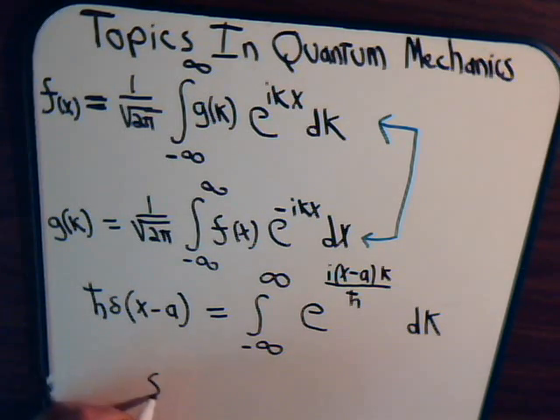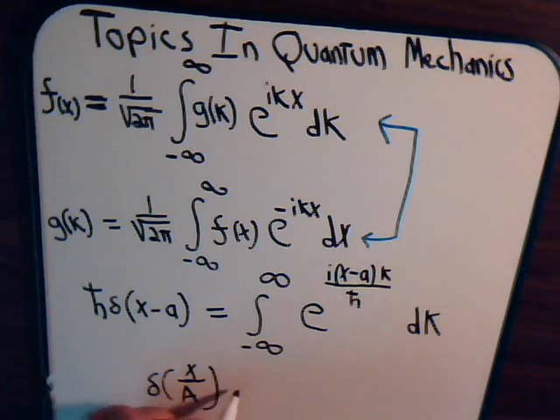What we showed is that if we have the Dirac delta function just of x, but then we divide it by some constant, say we'll just call that constant a, that is equal to a times the Dirac delta function of x.